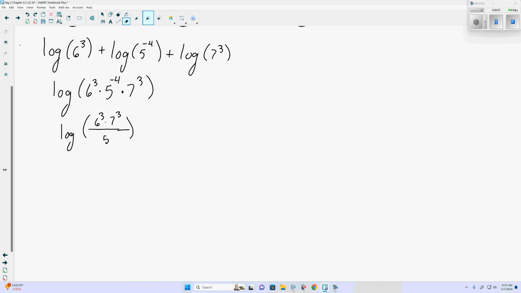Now this one here, I'm going to write it back out just so we can kind of see this. The 6 to the third and 7 to the third stay in the numerator because their exponent is positive. The 5 to the negative fourth, since the exponent is negative, we move it from the top of the fraction to the bottom. And doing that, it makes the exponent go from negative to positive. 6 cubed times 7 cubed over 5 to the fourth.